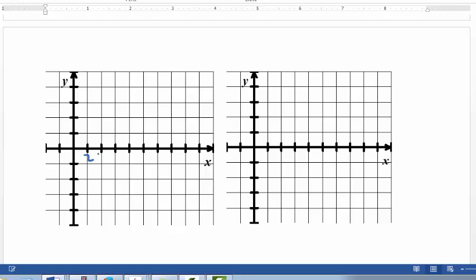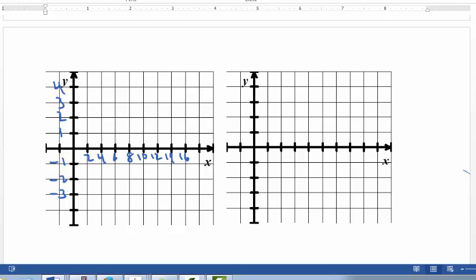So then this would be 2, 4, 6, 8, 10, 12, 14, and 16. And then I guess I'll go by 1s on y. So that's negative 1, negative 2, negative 3. There's 1, 2, 3, 4, right?